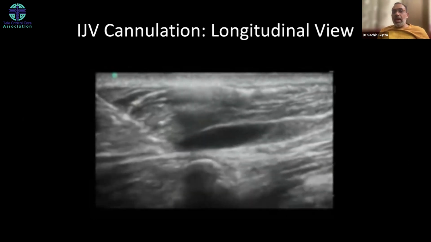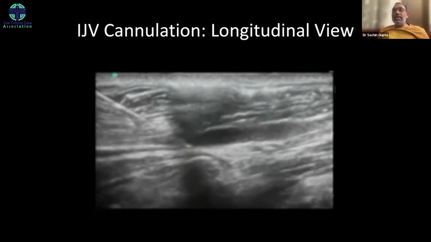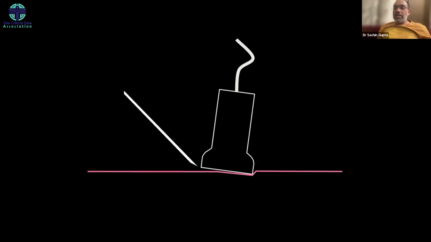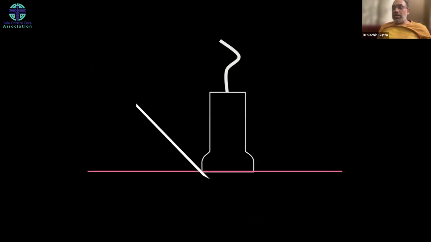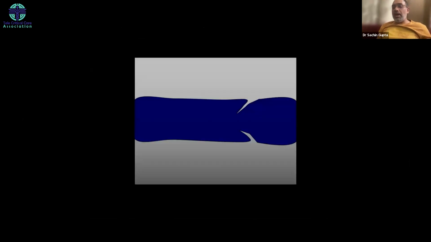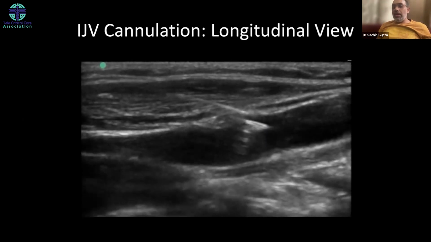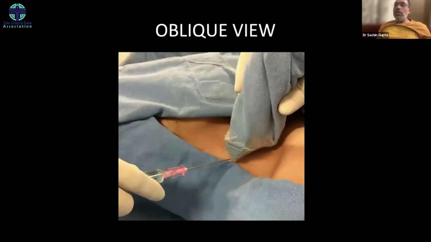So we can see the entire shaft of the needle, and then we see the indentation. Now, this is the indentation that I am talking about. So what has happened is, you puncture your needle, you see some indentation, and then you see the entire shaft of the needle, and this is how you observe it. Once the needle is in, you pass the guide wire, and then you complete the procedure.